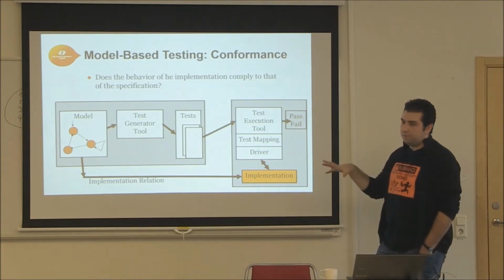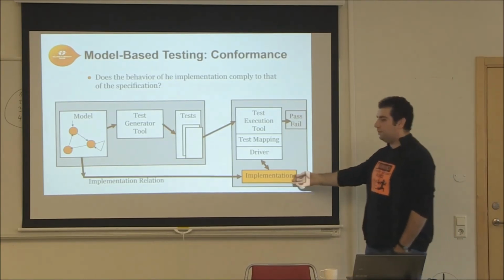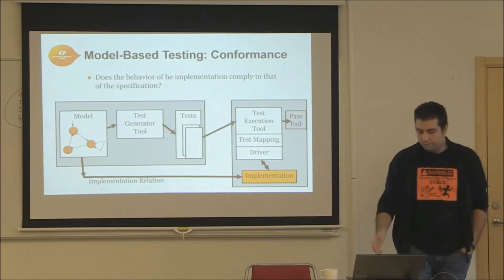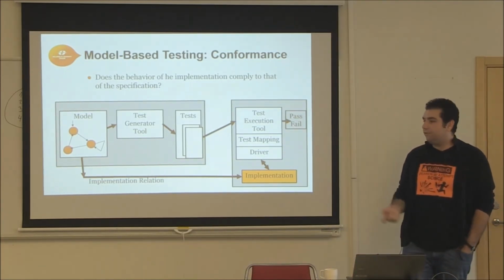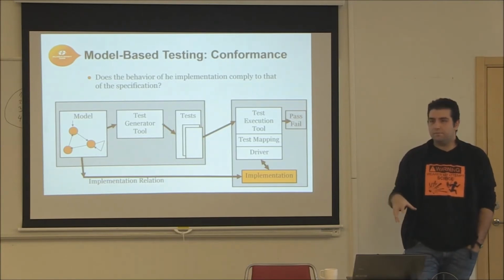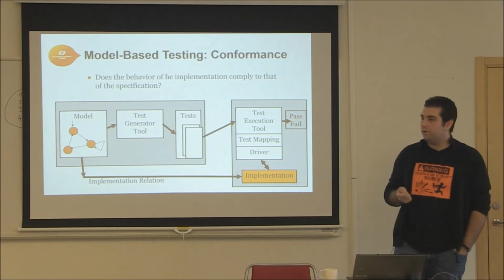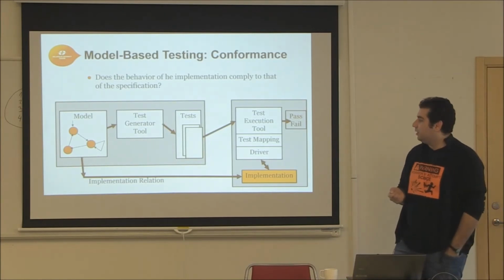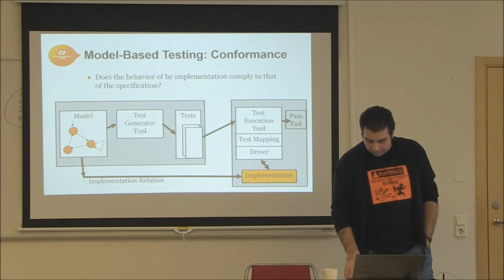So the model needs to be a little bit more abstract, because otherwise if you search through the implementation, you will run out of memory quite fast, even if you have just, I don't know, 50 booleans in a program, and that should be quite simple. But that's 2 to the power of 50 combinations that the tools should take care of.